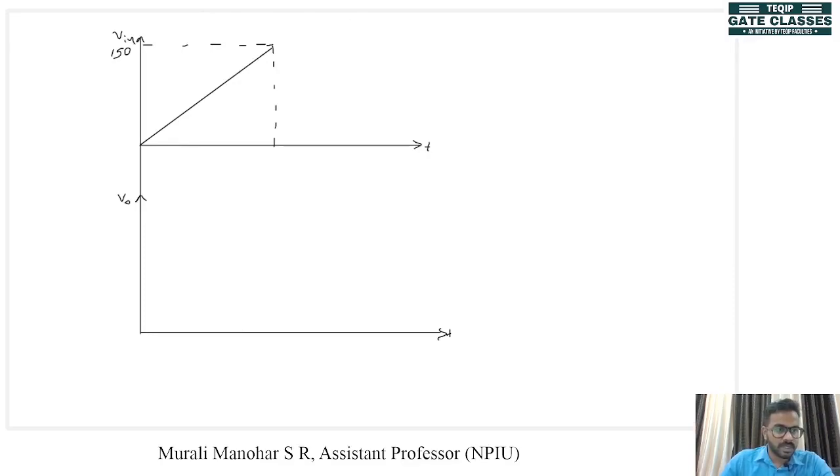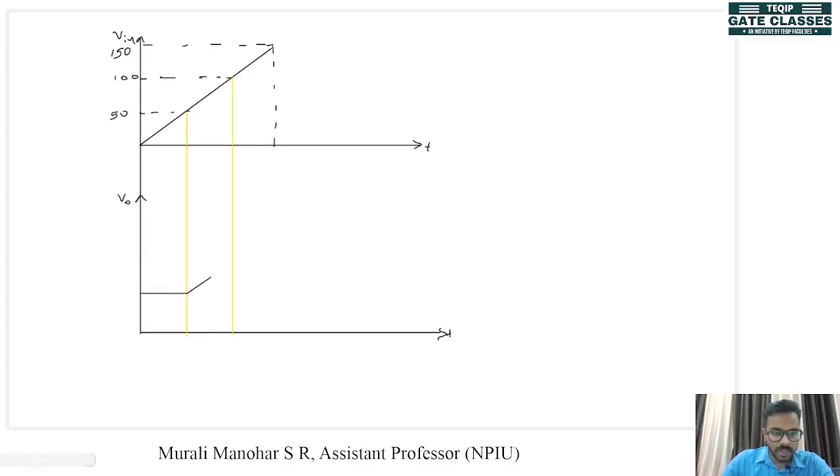So we can see that this is 50, this is 100. So up to 50, V out is 50 volt.